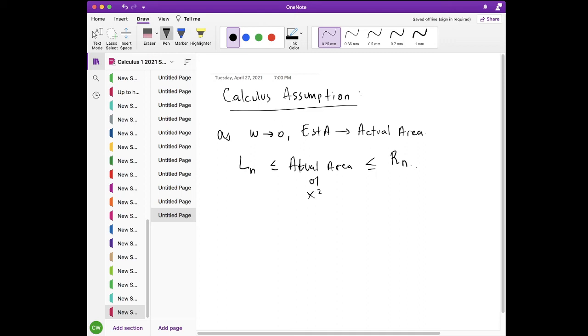May not be true for all of them, but it is for x squared. So the claim is that if we bring n to infinity, which is equivalent to saying that w is going to 0, for the right approximation, if these things are the same, maybe they're 1/3, we'll show that, then would you be safe to conclude that the area under x squared is 1/3?